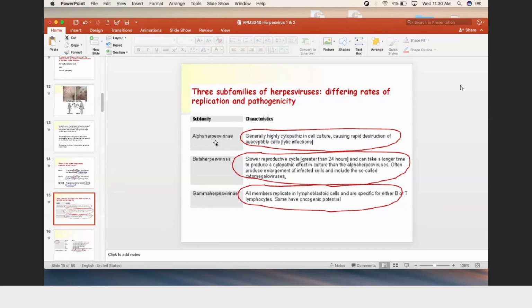The alpha herpes virus is the fastest growing virus compared to beta herpes virus or gamma herpes virus.